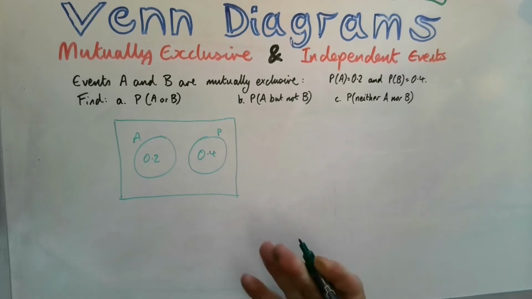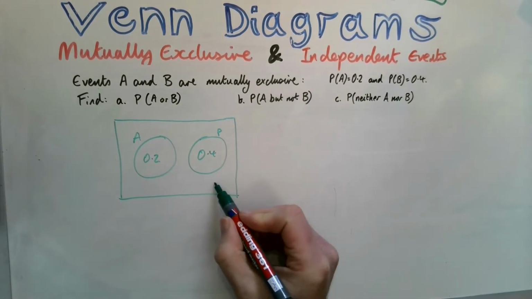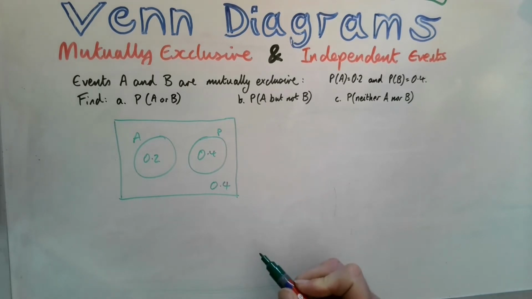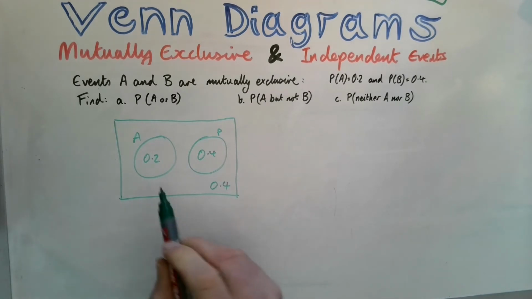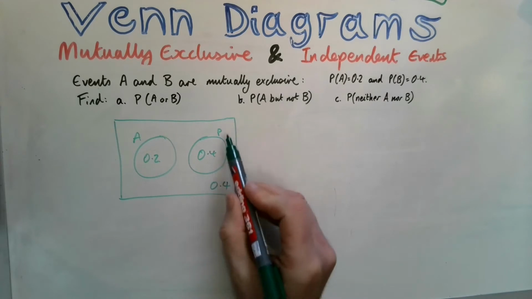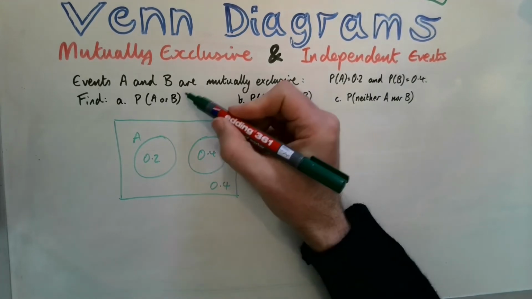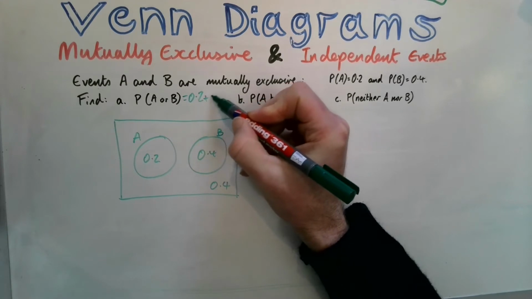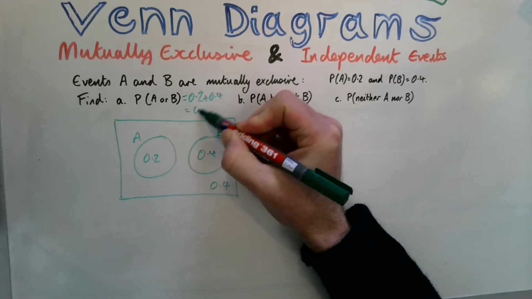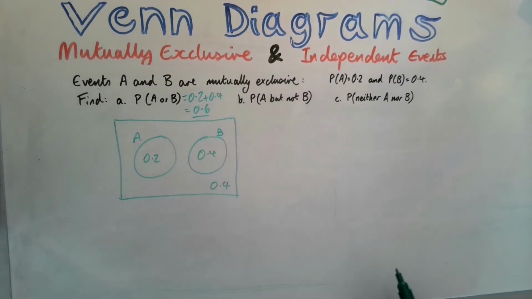So as everything's got to add up to 1, 4 and 2 is 6, so this must also be 0.4 there. So the probability of A or B is going to be 0.2 plus 0.4, which is 0.6.